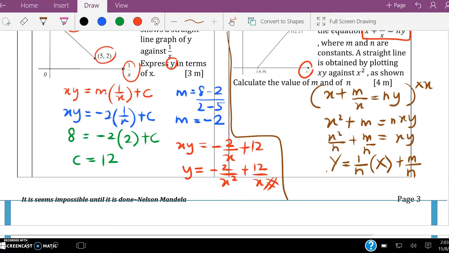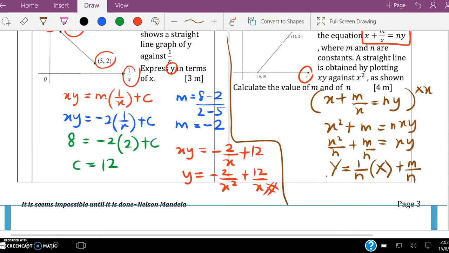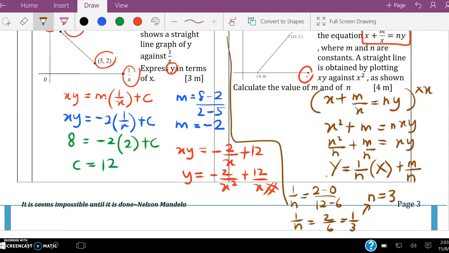Obviously our gradient is 2 minus 0 over 12 minus 6, which is equal to 1 over n. 1 over n is 2 over 6, equal to 1 over 3. So n is 3.